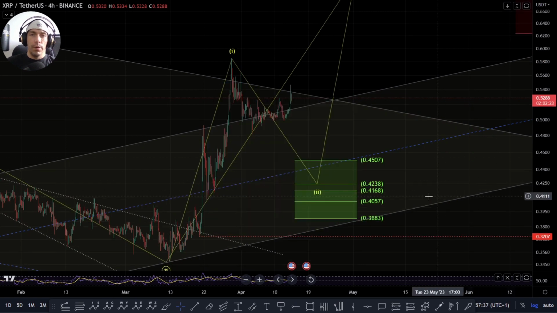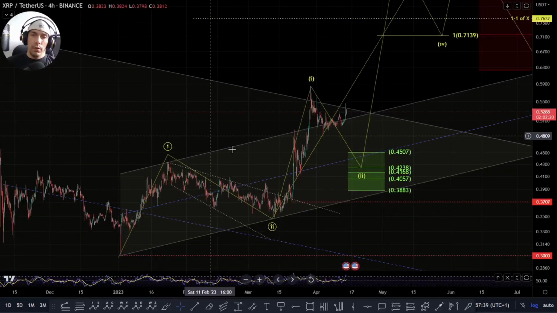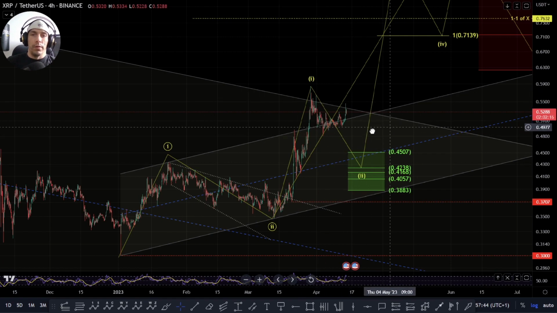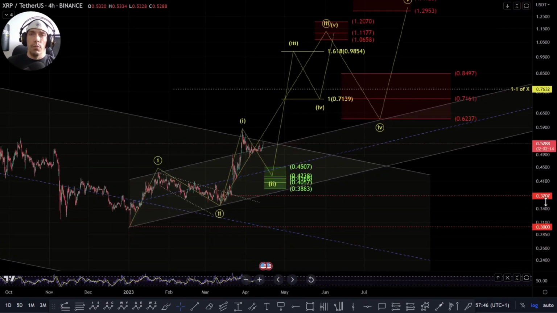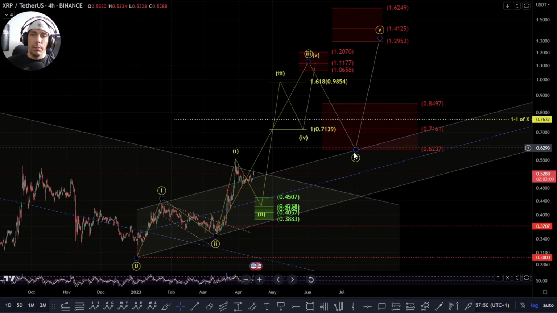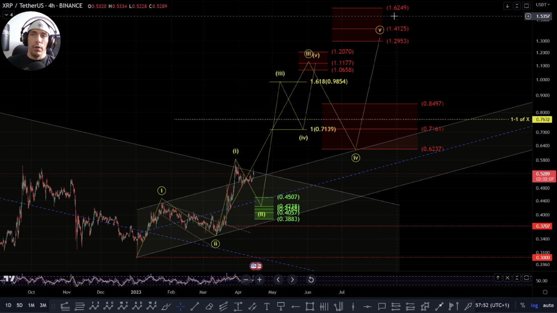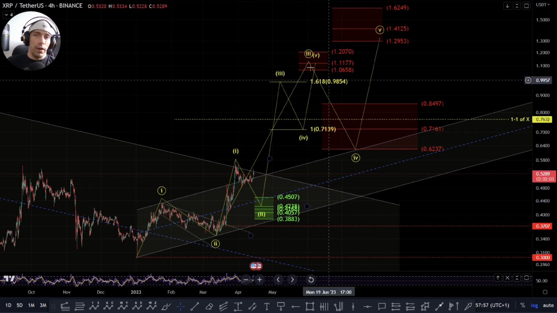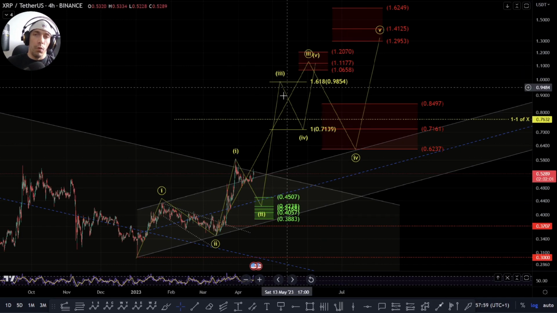So this is something we need to keep tracking, where we have this as a 1 2 and then potentially we've set up for another one, and we're looking for this as a wave 2. So this would be looking for a much more bullish move off the back of this. It could potentially push us up towards this zone of this $1.62 to this $1.29 as a target area, depending on how the waves exactly form here.